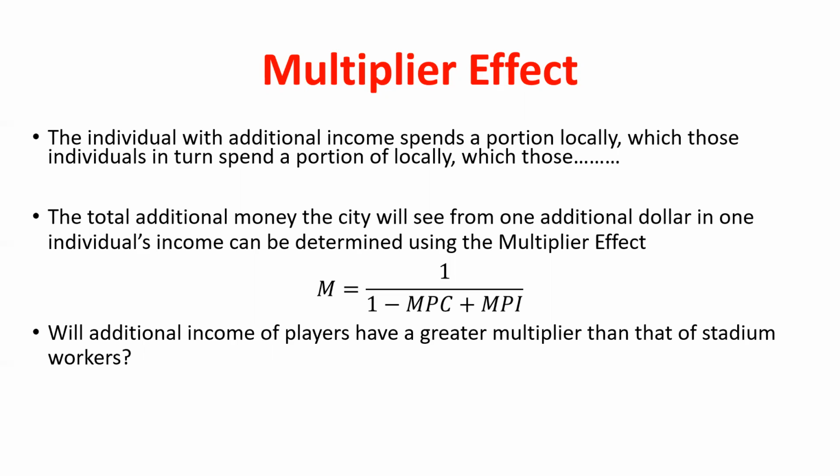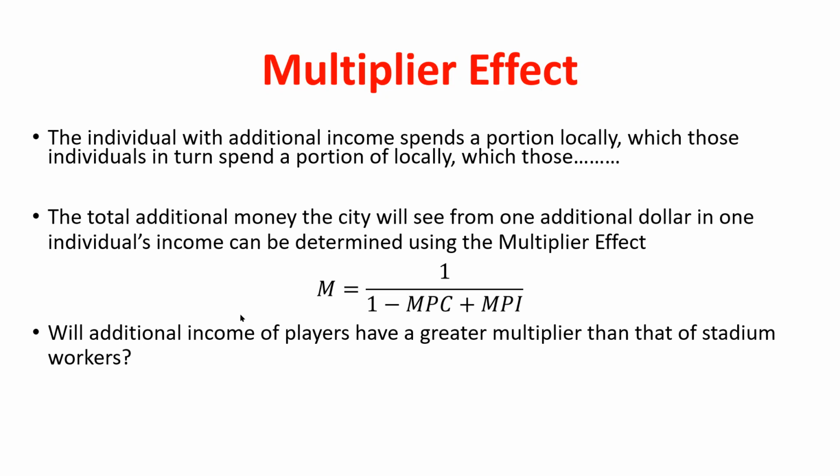But what about a stadium worker, selling hot dogs or something, a vendor? What do you think might be true about their marginal propensity to consume? They might have to spend more. They might not have the option to save. They are literally just paying their bills, meeting all their bills, and so they don't have any money left over to save.